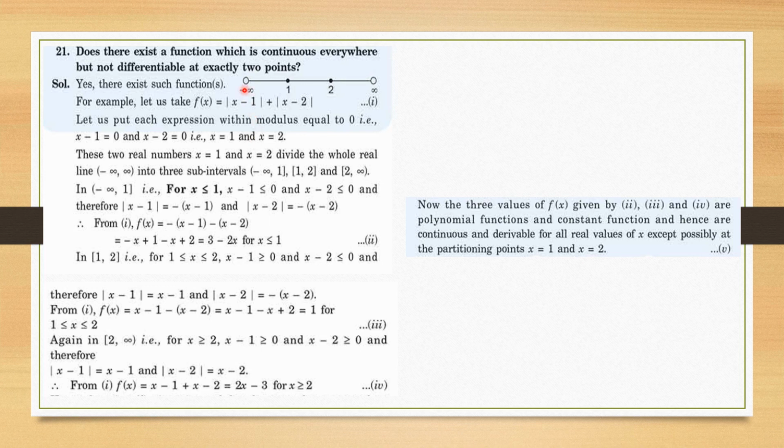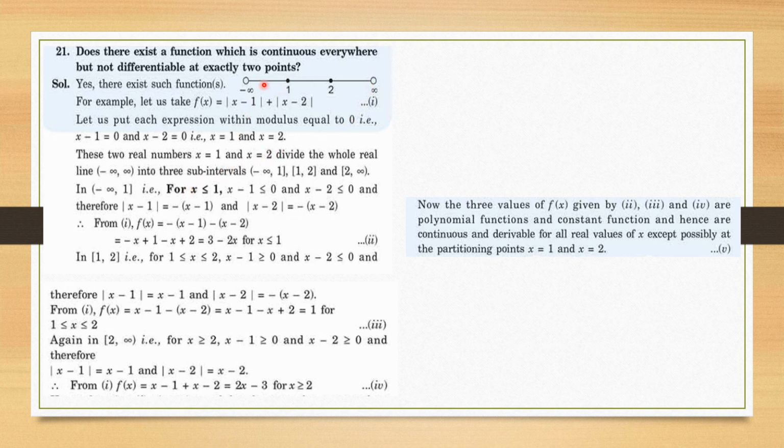From minus infinity, open on this side, to 1, 1 closed, then between 1 and 2, and then from 2 closed to infinity, because we are checking differentiability from minus infinity to infinity. The complete system is to be divided into 3 intervals, as there are 2 points. If 1 point is there, it will be divided into 2 intervals.